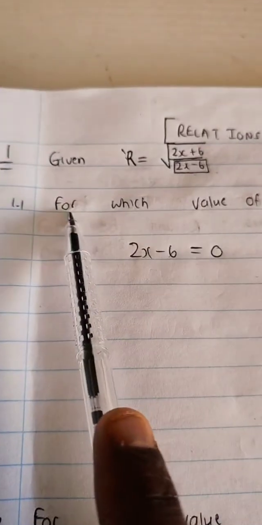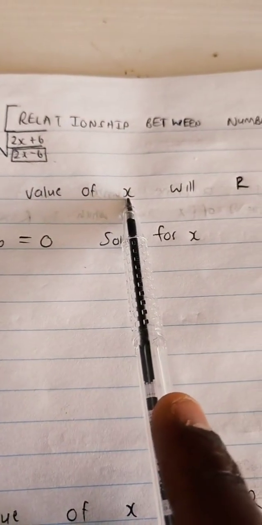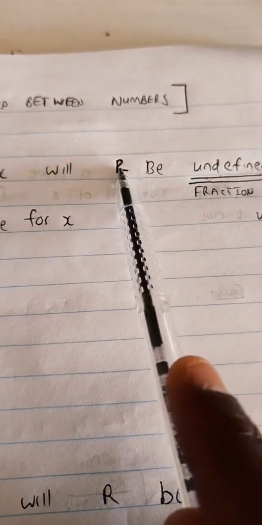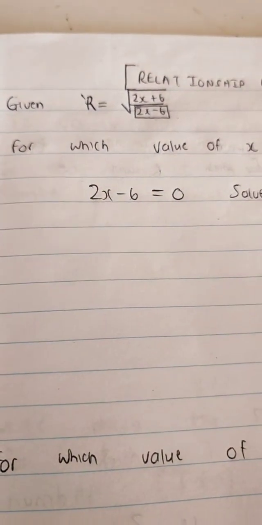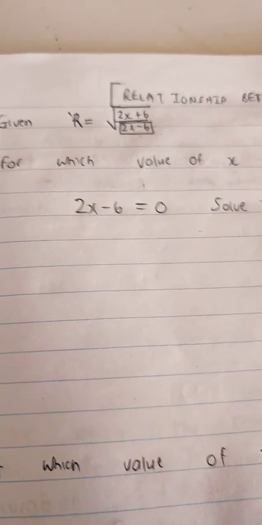That way we'll know the value of x by which r will be undefined. Should be quite straightforward, right?